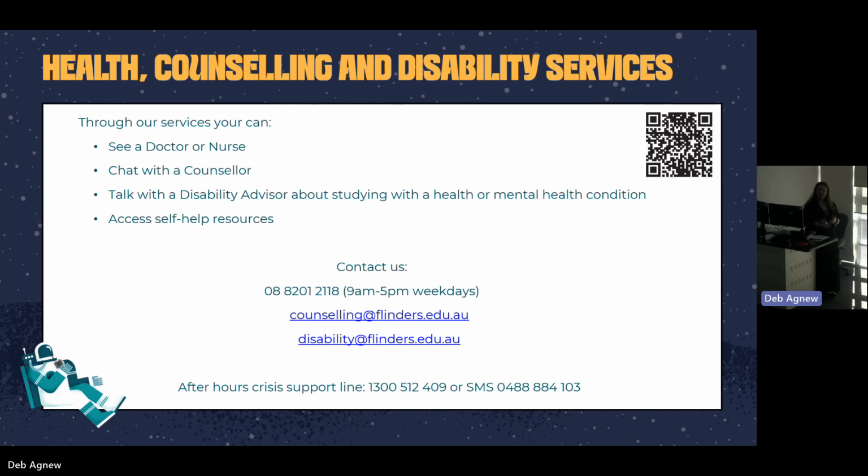So coming back to if you have different abilities and you might have something that affects your study and you might require some more time, for example, to submit assignments, or extra time in exams, then what we would suggest is that you make an appointment with our advisors, and they can help you with what we call an access plan, which is a document that you can share with your topic coordinators, which steps out the help that we can provide to you.